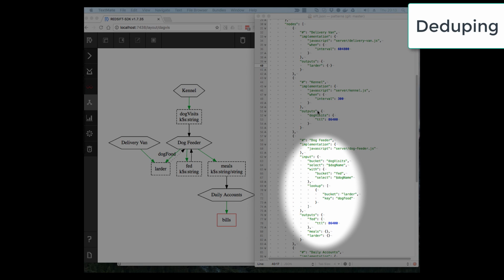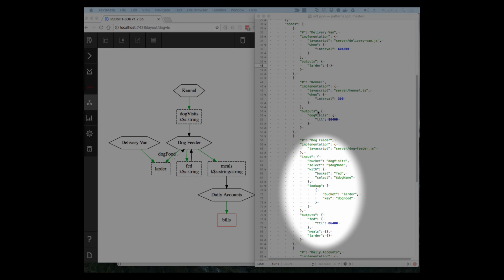If there is no entry in the fed store for a dog visit, then the dog has not visited yet that day and the dog can be fed. The dog feeder node will emit a fed message to ensure that the next time the dog visits it will not be fed, and it also emits a meal message so the accounts package can track the billing.